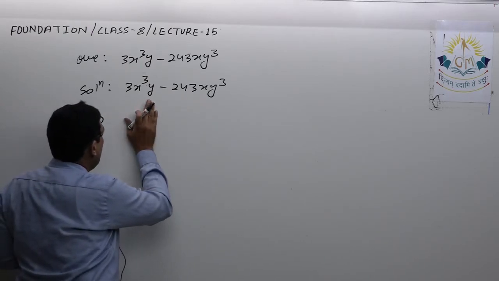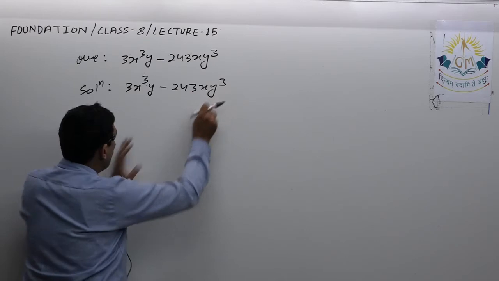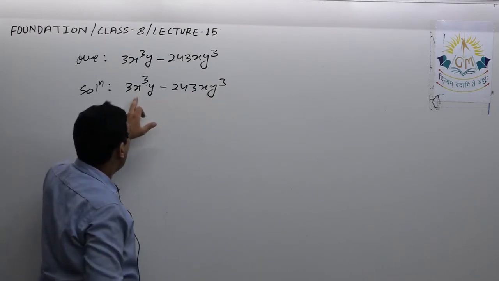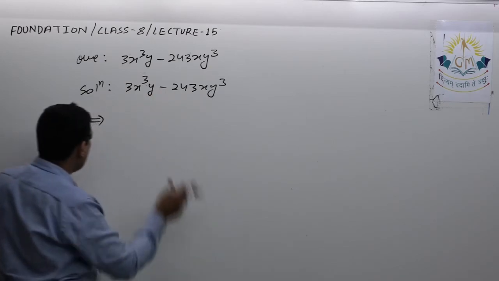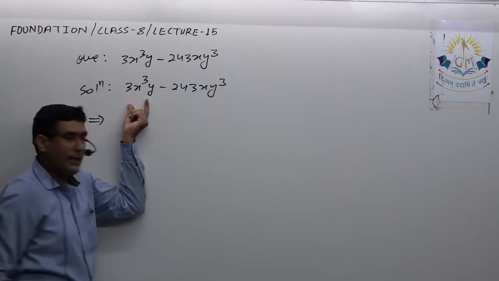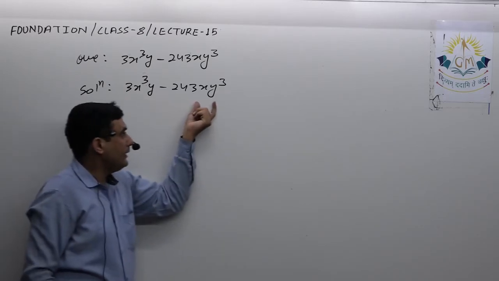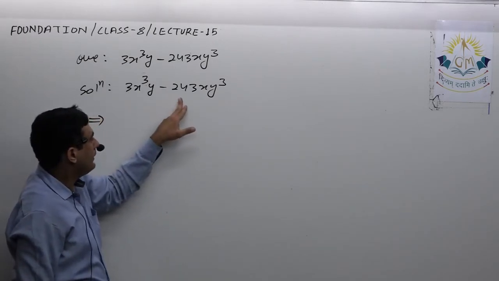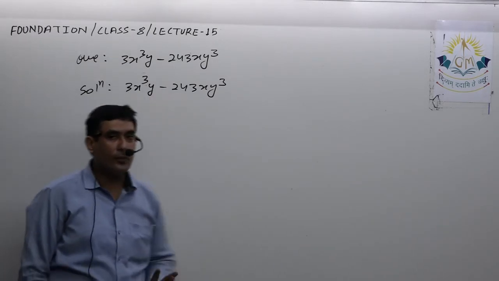Now here we can take y common as well as x common. Over here we have y, over here we have y cube. So if I take y common, it is possible to take common from this term as well. Also I can take x common. So when I take xy common, here I am left with x square. Here if I take xy common, I am left with y square. Definitely complete squares. But again 243 and 3, they won't be complete squares.